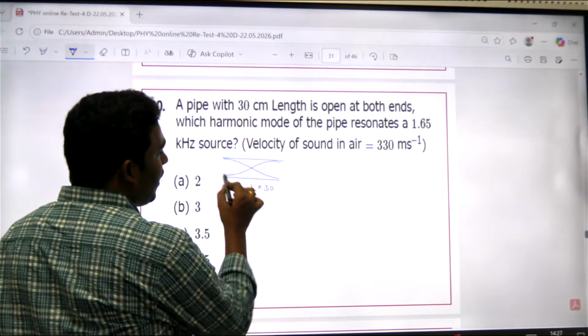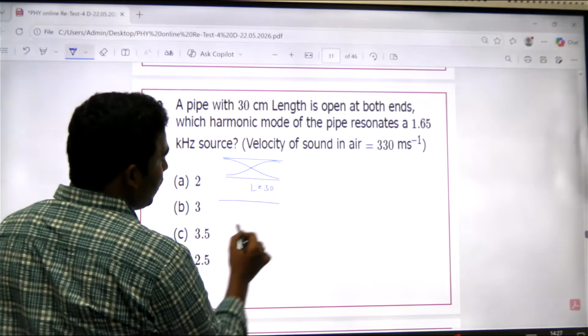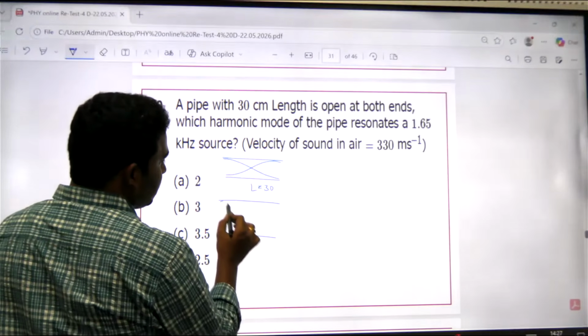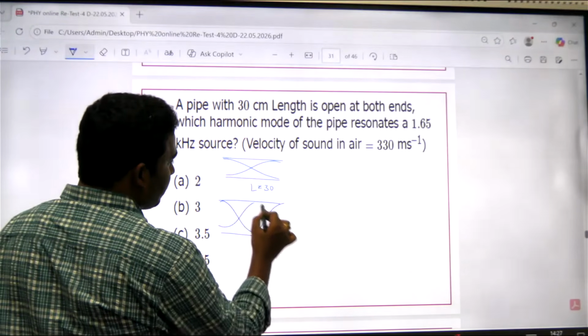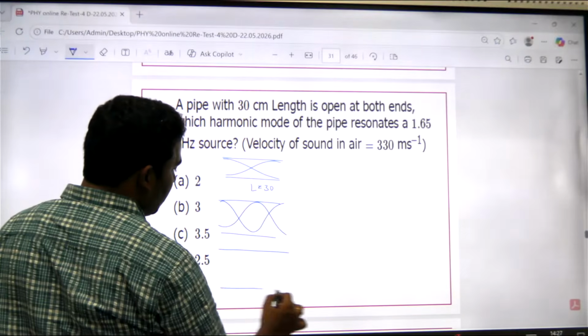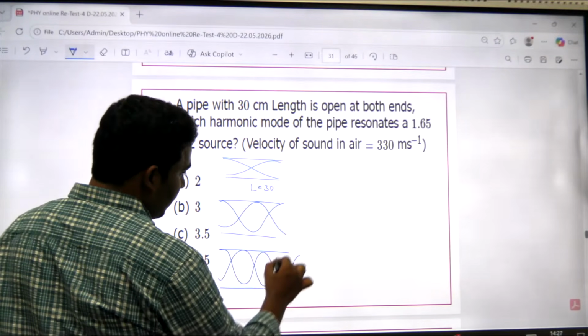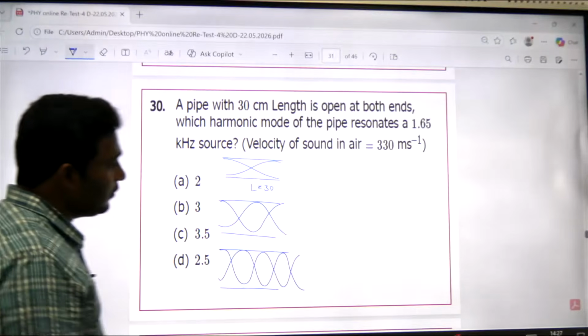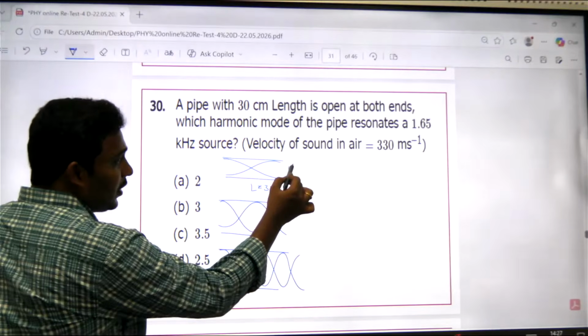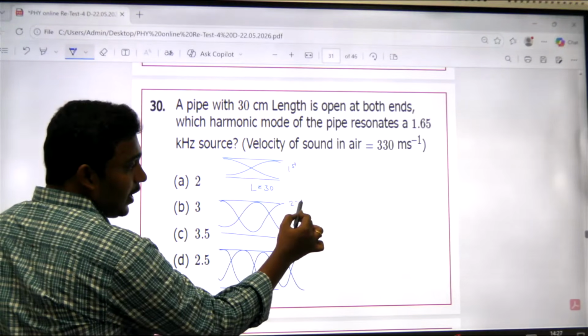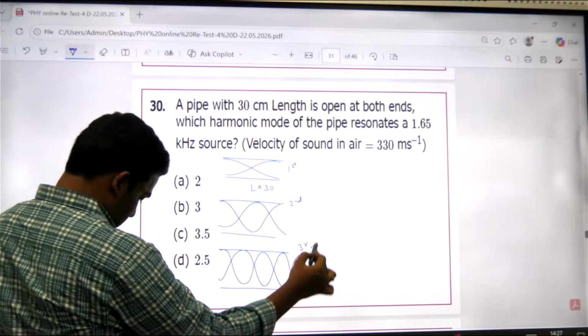This is the fundamental harmonic. What is the second harmonic? Your second harmonic would be this one. And what about the third harmonic? This is your first harmonic, this is your second harmonic, and this is your third harmonic.